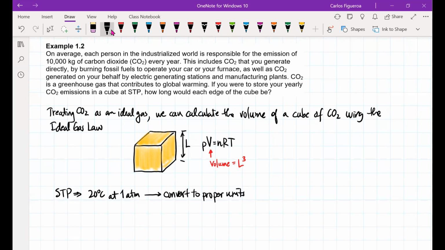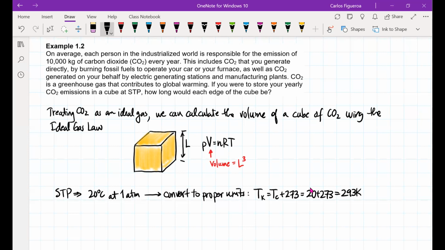The Kelvin temperature is the Celsius temperature plus 273, so I'm going to get 20 plus 273, which gives me 293 Kelvin.